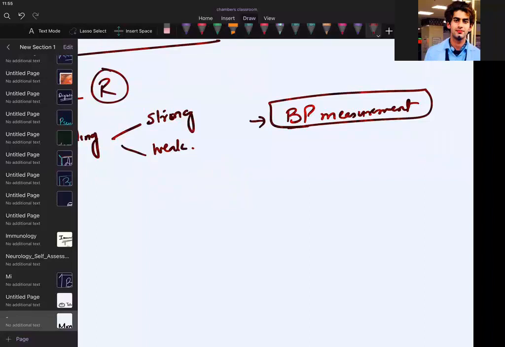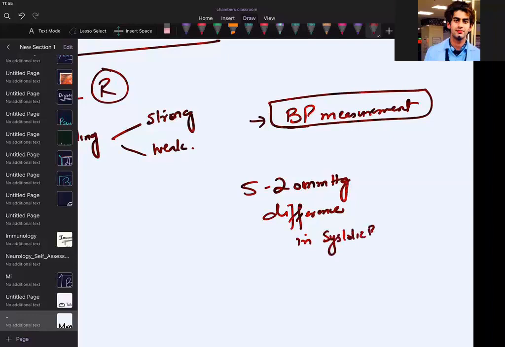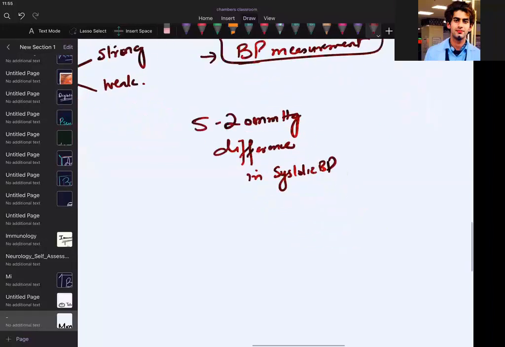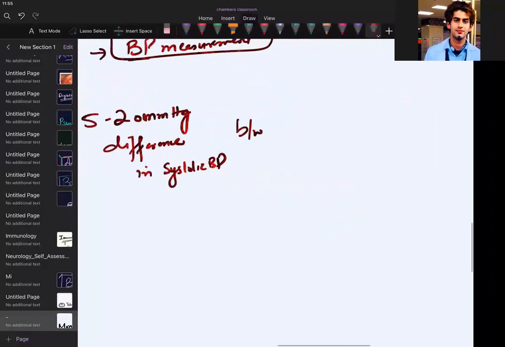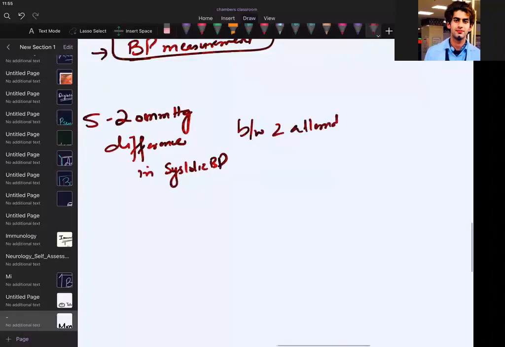You will see a difference of 5 to 20 mmHg in systolic blood pressure between the two alternate beats.